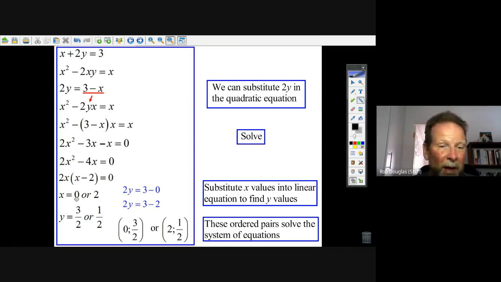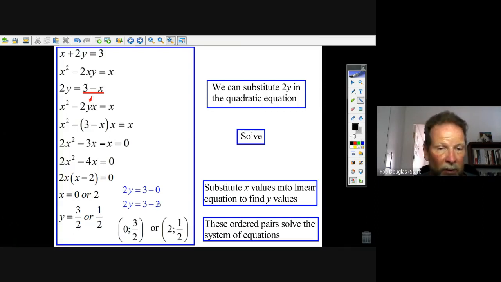Well, once you've got the x values, we're going to do substitution again. Here's our equation. 2y equals 3 minus x. We just put x is equal to 0 in here. So that means y would equal 3. We'd have to divide by 2, 3 over 2. So when x is 0, y is 3 over 2.